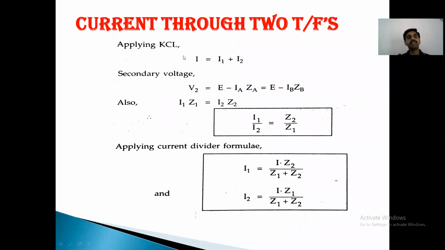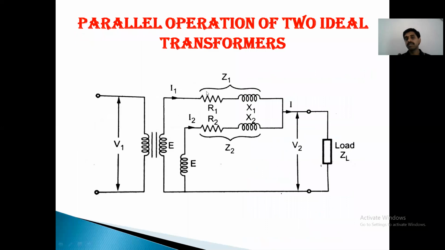So applying KCL for the above circuit, I is equal to I1 plus I2. Secondary voltage V2 is equal to E minus IA ZA. Because secondary voltage is same, voltage across this load is same, which is equal to voltage across this and voltage across this. Here we are taking either 1 or A, don't confuse with the nomenclature.